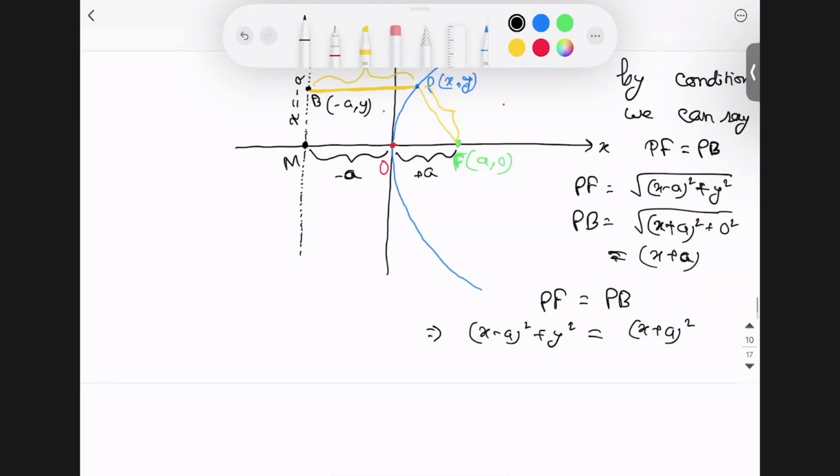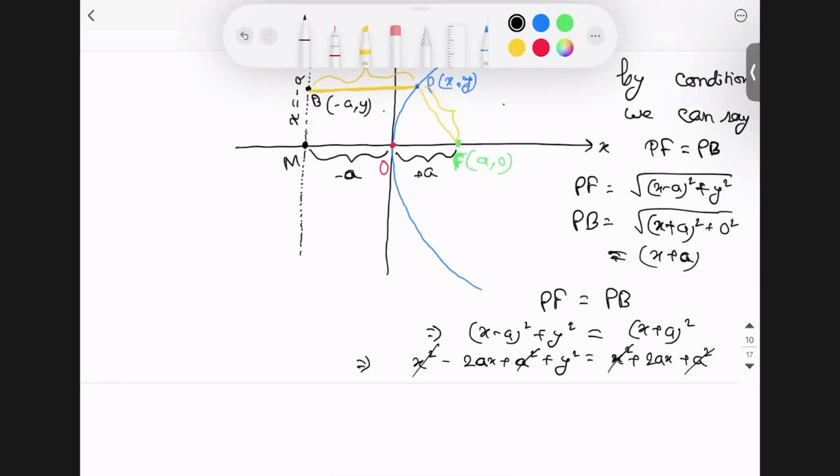Then from here, if I expand these terms, what I will get is x square minus 2ax plus a square plus y square equals x square plus 2ax plus a square.